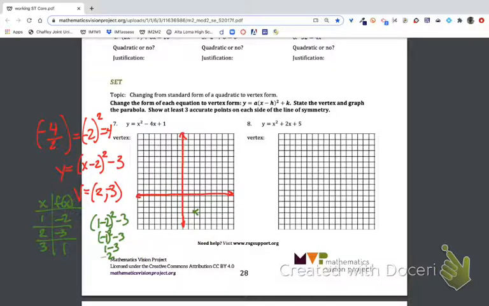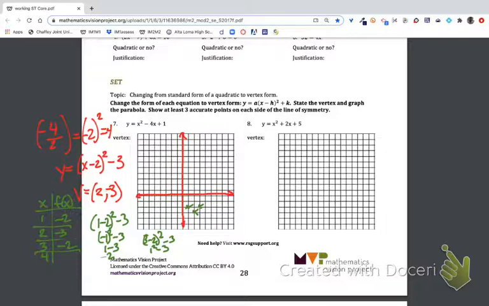Something seemed off. Three minus 2. There we go. Minus 3. 1 squared minus 3, which is also negative 2. So I'd be able to plot those points as well. And just for good measure, I'll do one more.